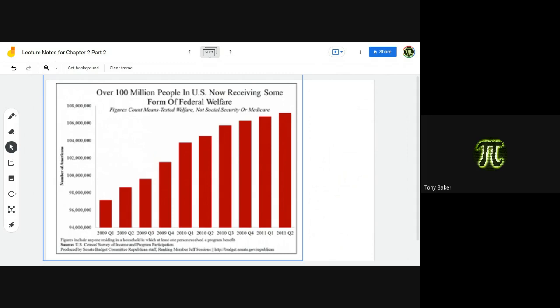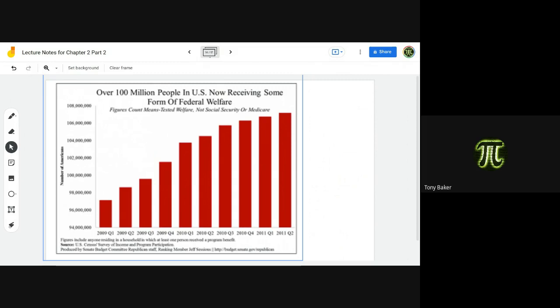Where's the graph start? It starts at 94, but what's the first quarter at? So like 97 million? Quarter one, this one over here, was right about 97 million. And quarter two in 2011 is about 107.